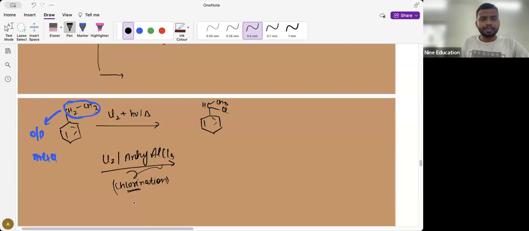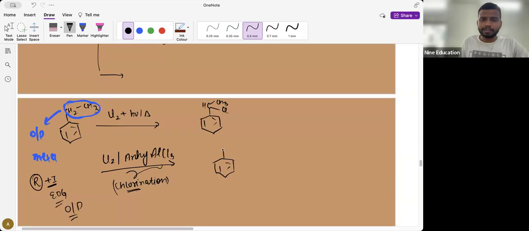तो अगर क्लोरीनेशन करना है तो हमें देखना पड़ता कि यह एल्काइल ग्रुप, R ग्रुप, यह +I ग्रुप है. If this is +I, electron donating group, it will always act as ortho para director, है ना?